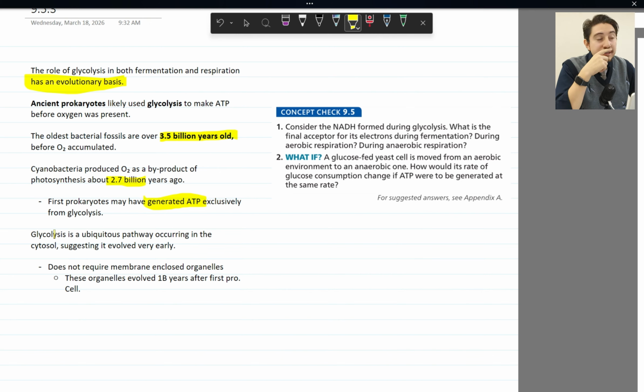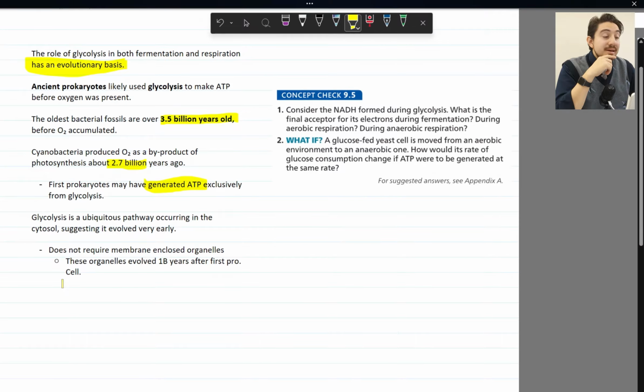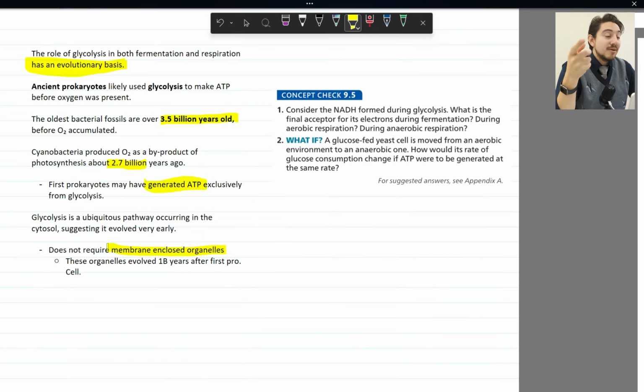The reason why we say evolutionary basis is because glycolysis is ubiquitous, right? It occurs in the cytosol. It occurs in almost all organisms. So it is thought that it evolved very early, and it's still found today, right? It does not require enclosed organelles. So that's incredibly interesting. And organelles evolved 1 billion years after the first prokaryotic cell.